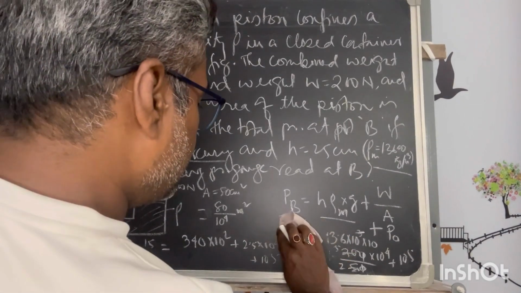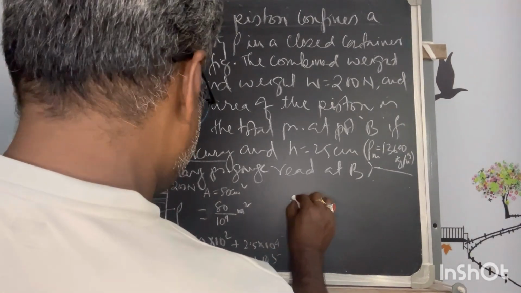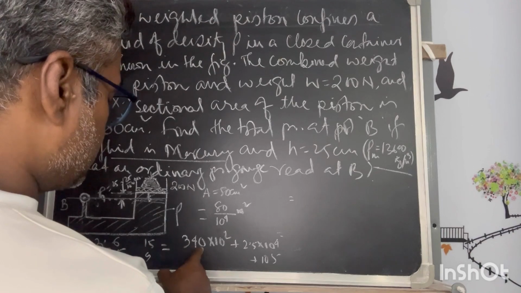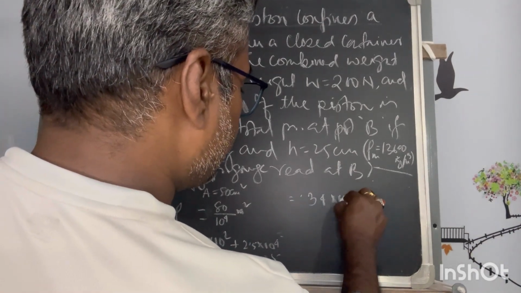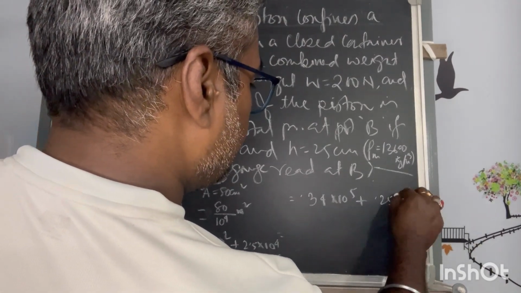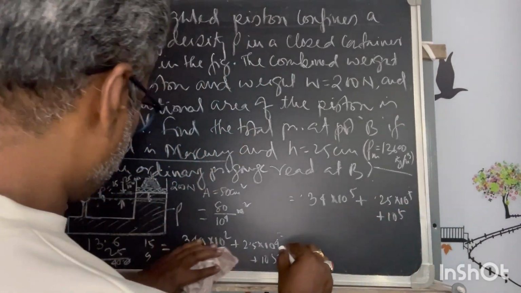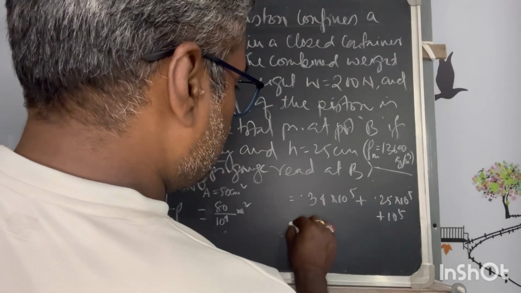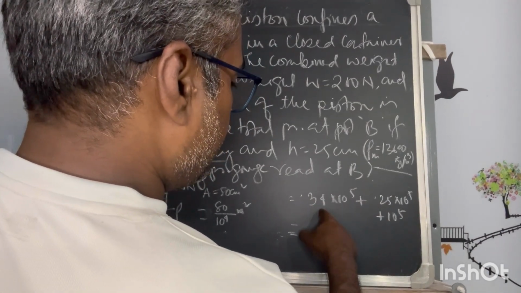If I want to make it 10 to the power 5, then 0.34 into 10 to the power 5 plus 0.25 into 10 to the power 5 plus 10 to the power 5. Okay, so 0.34 plus 0.25 is 0.59.